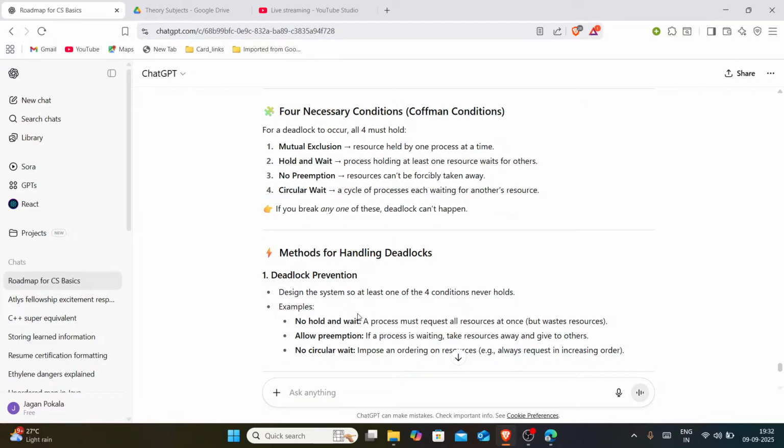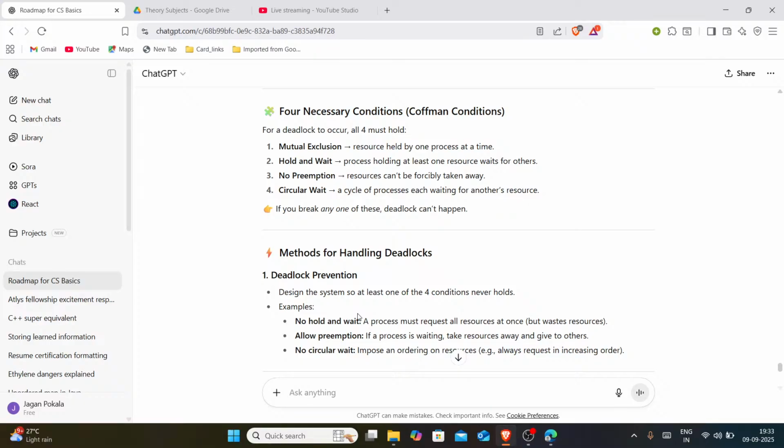Hold and wait: the process has to hold at least one resource and be waiting for resources which have been held by another process.